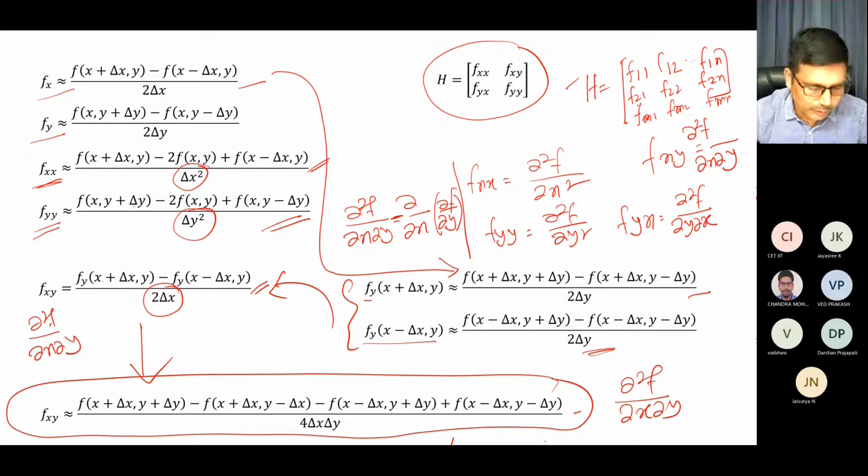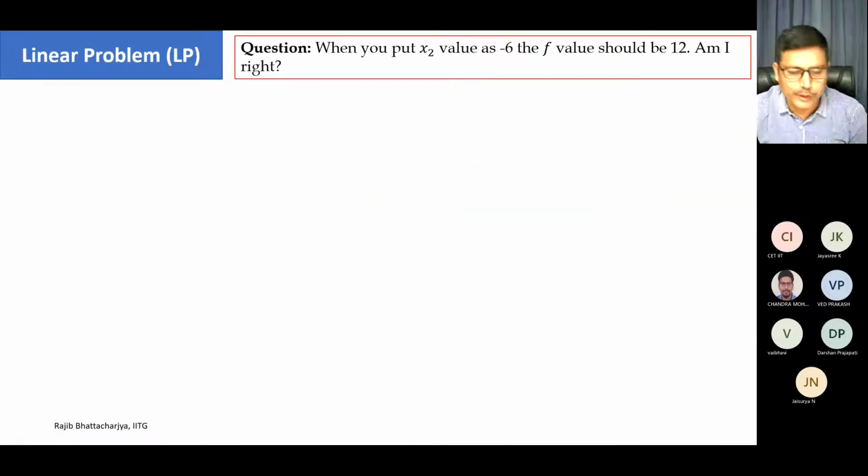Yes, the computational complexity will increase because we have to calculate the function at different points, and based on that we calculate the derivative. I hope this is clear. I can apply numerical methods for finding the second derivative of any order.